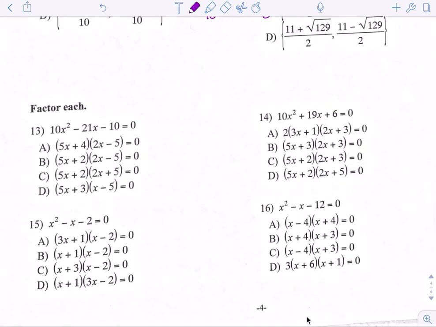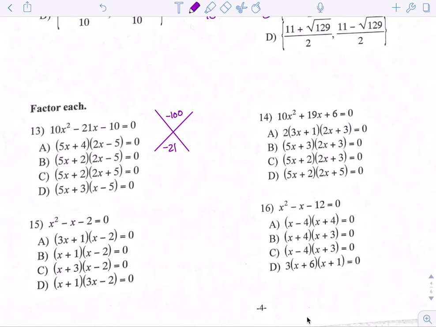All right, so 13, 14, 15, 16. This is where you guys just factor. So when you guys factor, A times C on top, that's negative 100, negative 21. Two things that multiply to negative 100 but add together to give you negative 21.